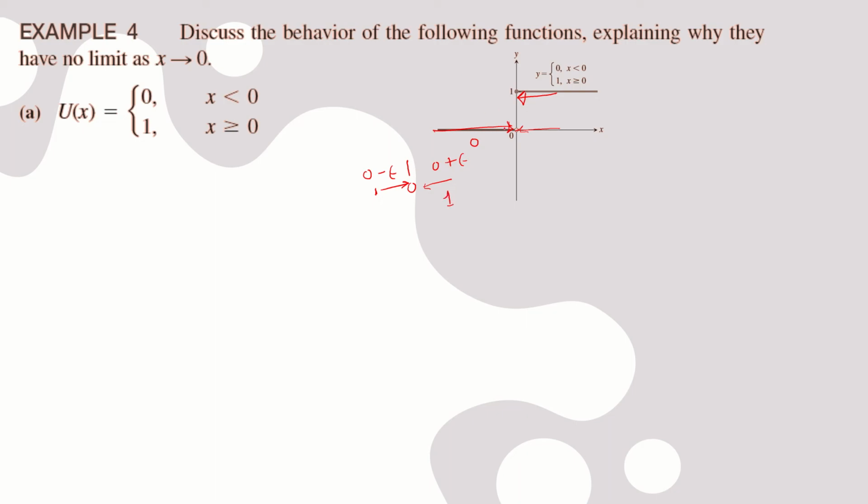So from one side its behavior is 0, whereas from the other side its behavior is 1. So we don't have an identical or same behavior. In this case we say that the limit, or neighboring behavior, of this function at x equal to 0 does not exist. That is, the limit of u of x does not exist.